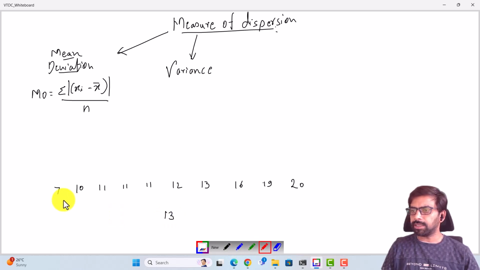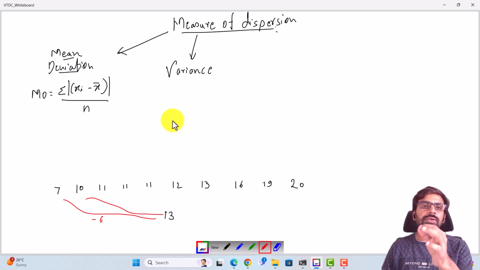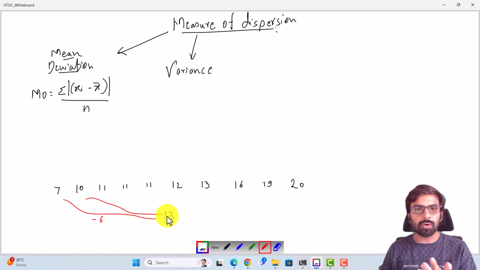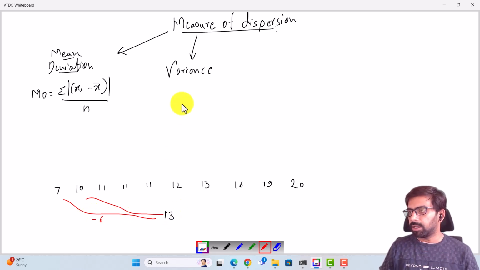And we saw that in the mean deviation, what we do is we calculate the deviation from every point and we take the modulus of it and we sum it up. That is a very nice approach, I must say, right? But variance goes one step further. It squares the differences. First of all, squaring has one simple advantage, that if you square, the sign will go off, right? So variance says, don't do this.